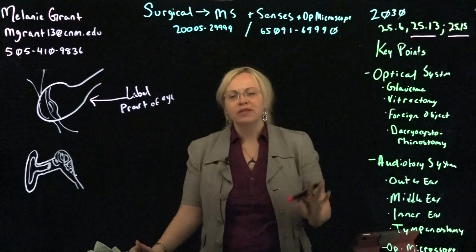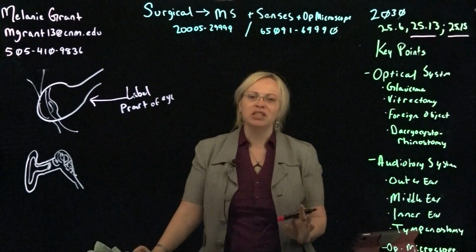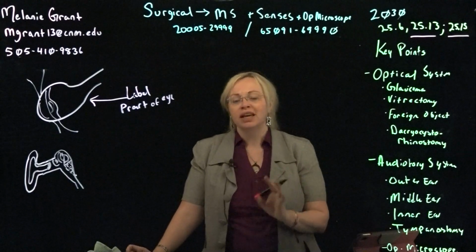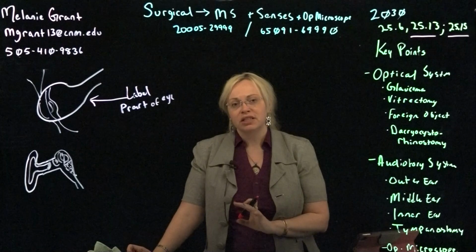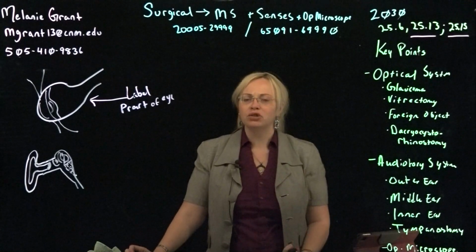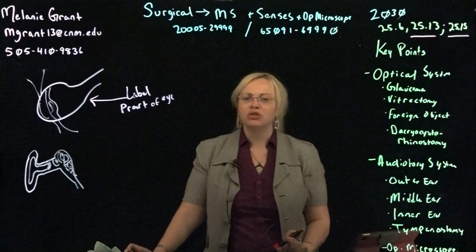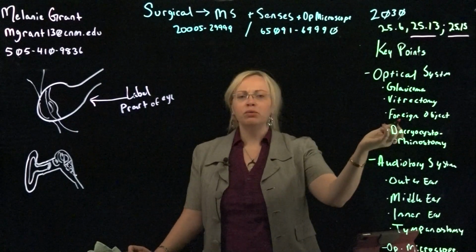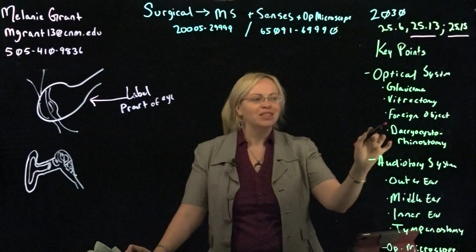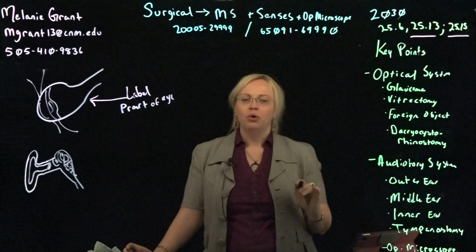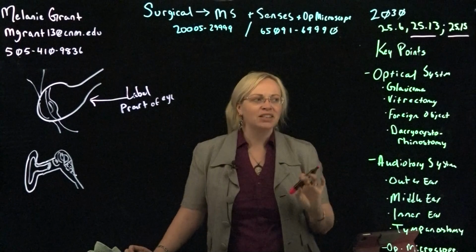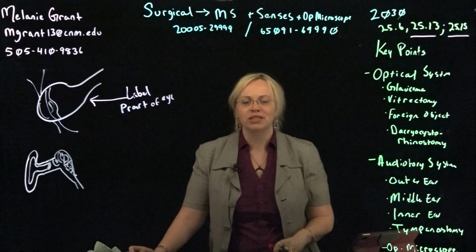You'll also note that most of your eye procedures will actually be done outside of a medical profession and more specifically with a specialist in vision or an ophthalmologist. In those cases, you're not going to see a lot of eye procedures done in a regular surgery unit, but you may see certain things such as foreign body removals, vitrectomies, and dacryocystorhinostomies, which are procedures done specifically for medical reasons and therefore will be done in a medical setting.